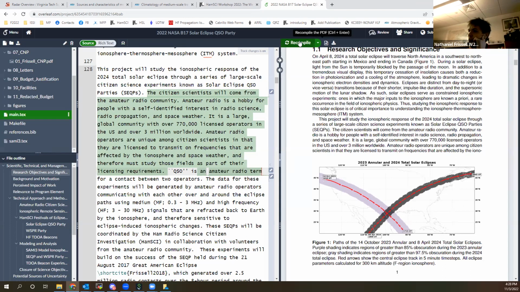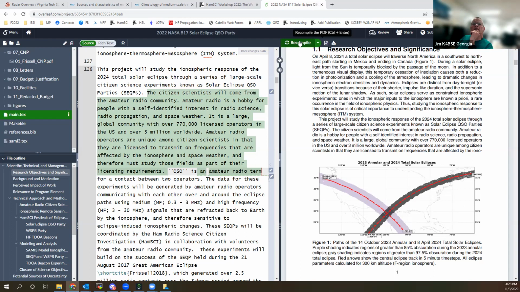It is a large global community with over 770,000 licensed operators in the US and over 3 million worldwide. Amateur radio operators are unique among citizen scientists in that they are licensed to transmit on frequencies that are affected by the ionosphere and space weather, and therefore must study those fields as part of their licensing requirements. QSO is an amateur radio term for a contact between two operators.